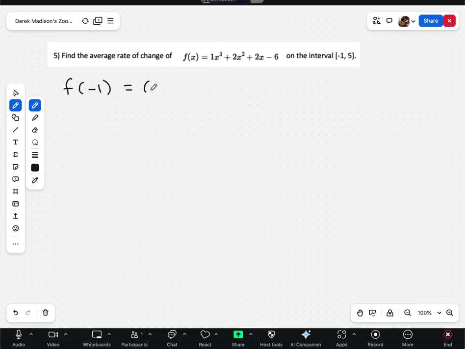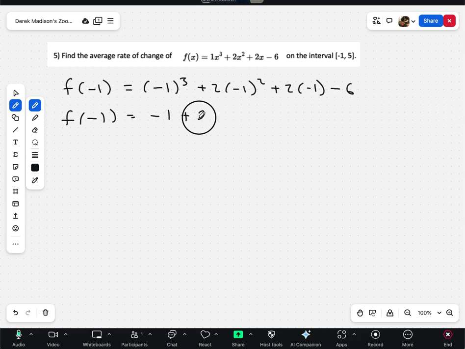So this is going to be negative 1 cubed plus 2 times negative 1 squared plus 2 times negative 1 minus 6. So f of negative 1 is negative 1, because negative 1 cubed would be 3 negative signs. Negative 1 squared would be 1 times 2, so that's 2, and then minus 2 right there, and minus 6. So f of negative 1, those just cancel, so it looks like negative 7.